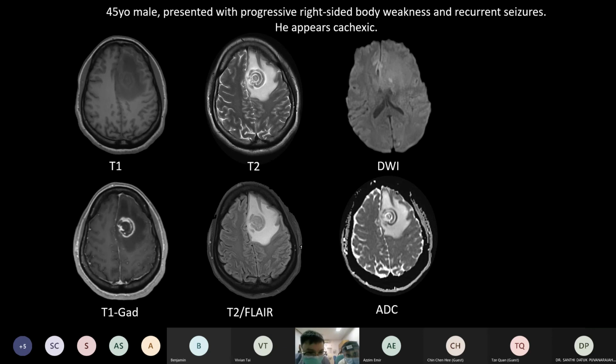So I know it's a bit busy here. Got T1, T2, got the six sequences that we discussed. Maybe you can just give a rough idea of what you are thinking after you look through this. Maybe you can start off with the T1 post-gadolinium view, because I think that's going to be very helpful.